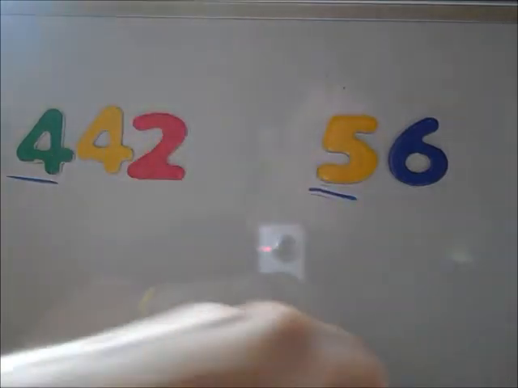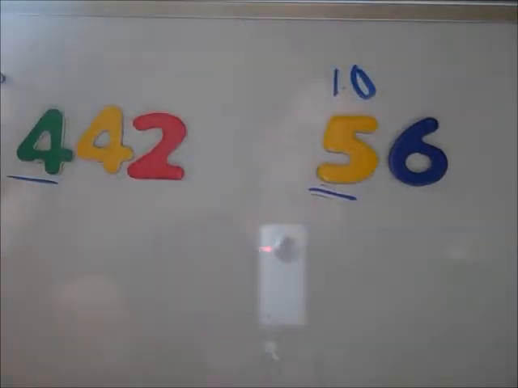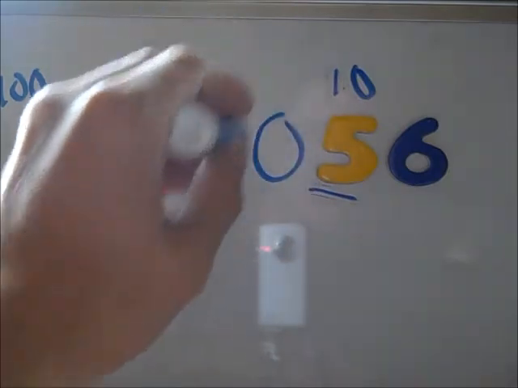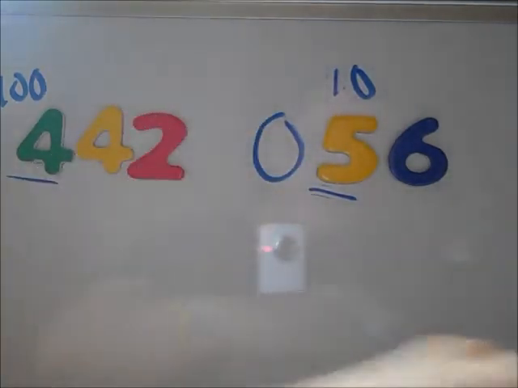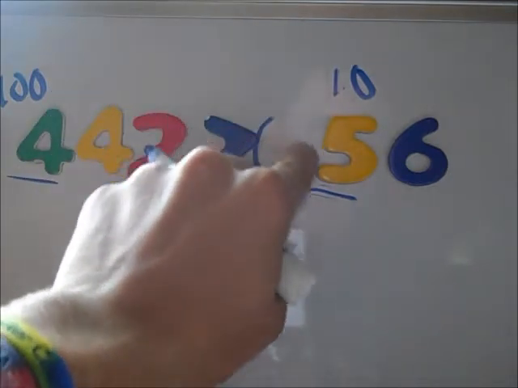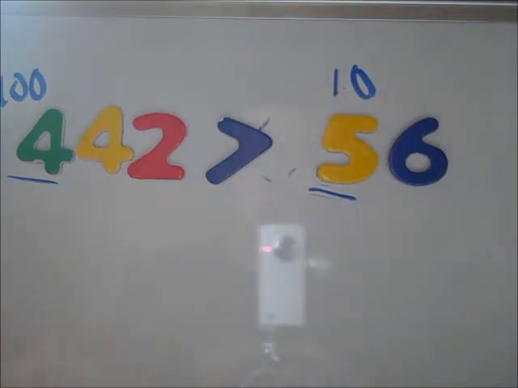If we look closer, we'll notice that this is in the tens place, and this is in the hundreds place. So honestly, if we think about it, there should be nothing in the hundreds place right here. We're going to say the greater than sign is going to go towards the 442. And we should know that 442 is greater than 56.